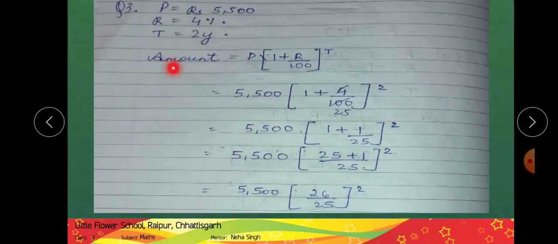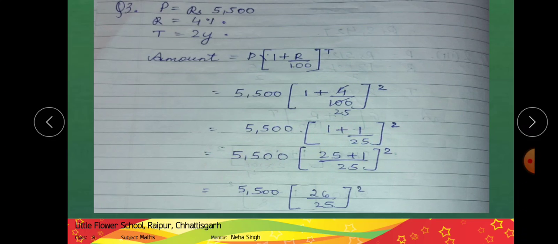So amount equals to P into 1 plus R upon 100 power T. Then 5500 into 1 plus R upon 100, that is 4 upon 100 square, right? So 5500 into 1 plus 1 by 25, 4 ones are 4, 4 twos are 10, and 525 square.